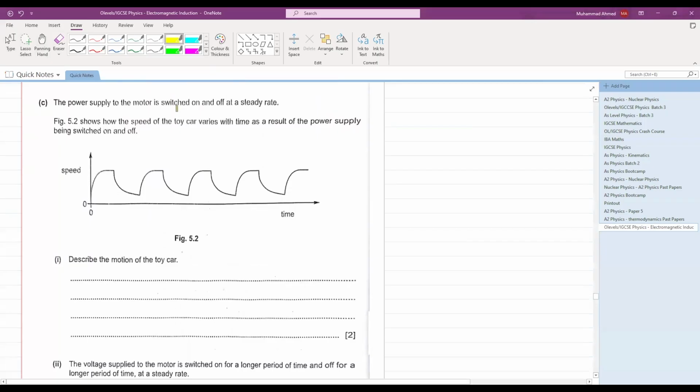The power supply for the motor is switched on and off at a steady rate. Figure 5.2 shows how the speed of the toy car varies with time as a result of the power supply being switched on and off. Describe the motion of the toy car.